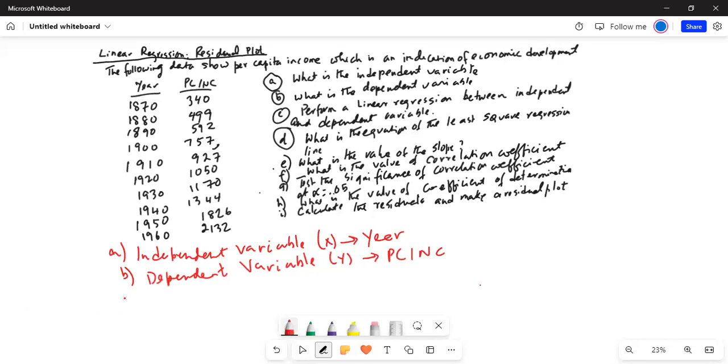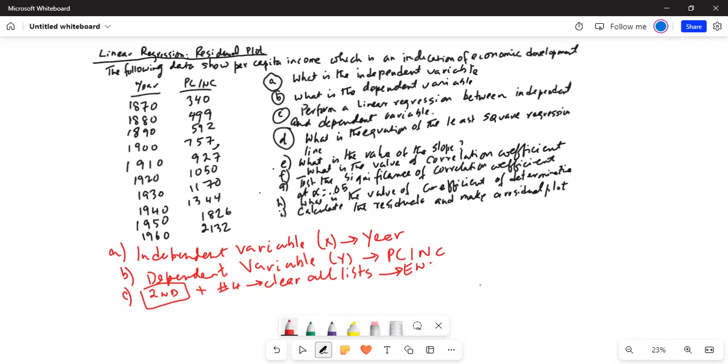C, perform a linear regression between independent and dependent variables. So first thing you do is second button, then plus button on top of enter, then select number 4, you get clear all list and hit enter.